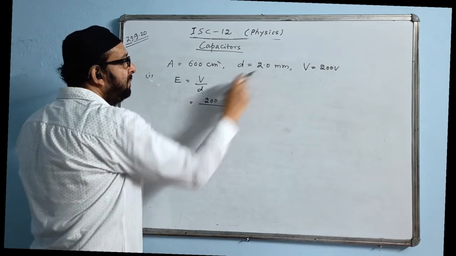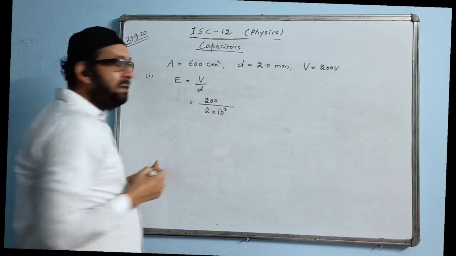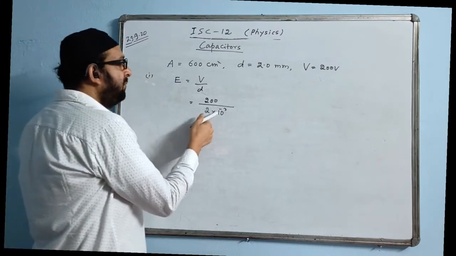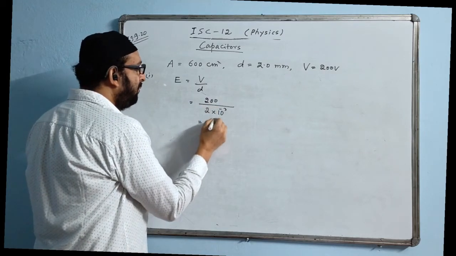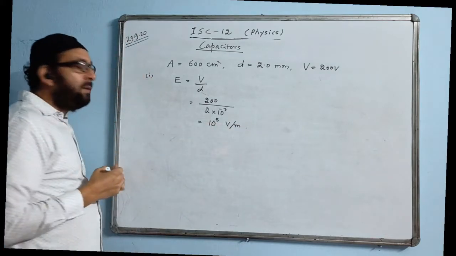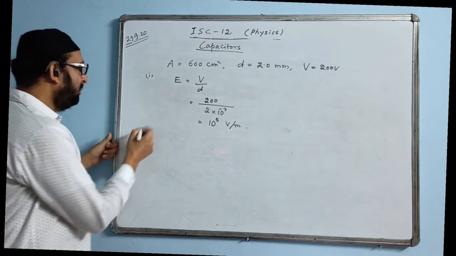D is the distance, 2 millimeters. We change it into meters, 2 into 10 to the power minus 3. Now we will calculate. This will become 100, that is 10 to the power of 5. And the unit will be volt per meter, or we can write Newton per Coulomb.